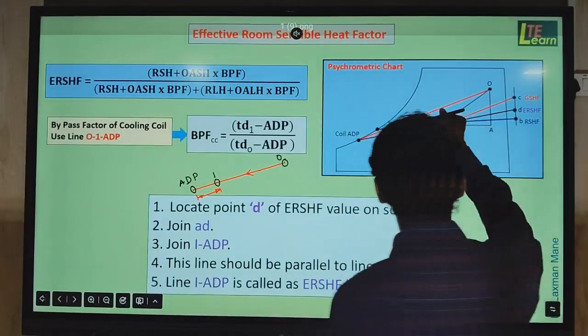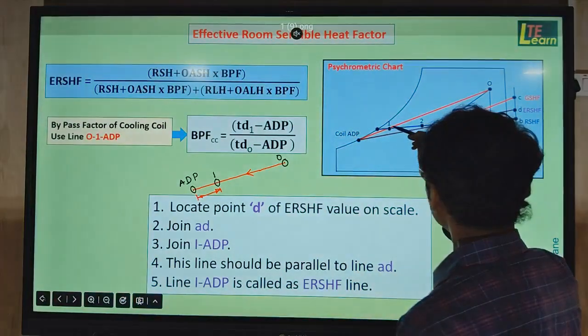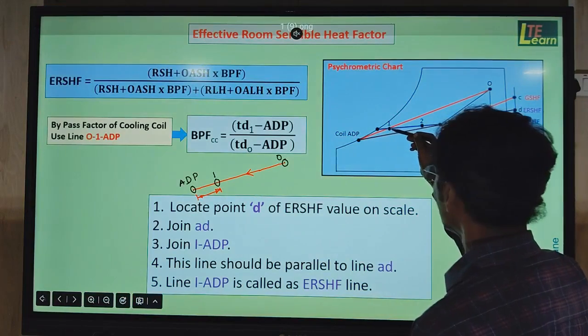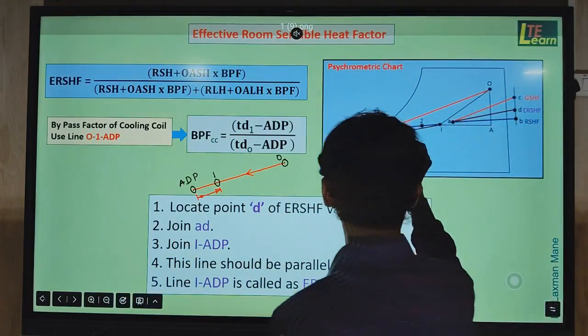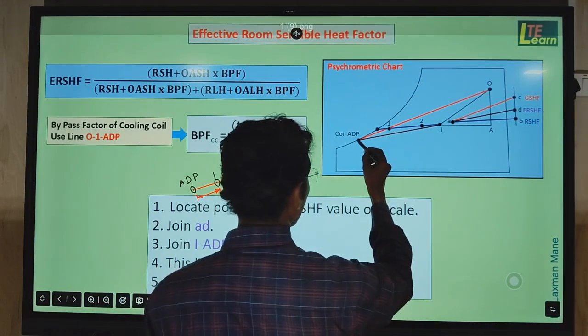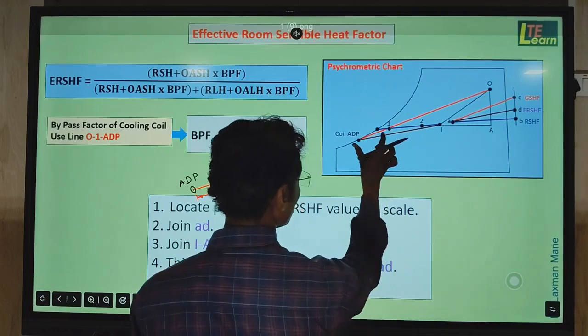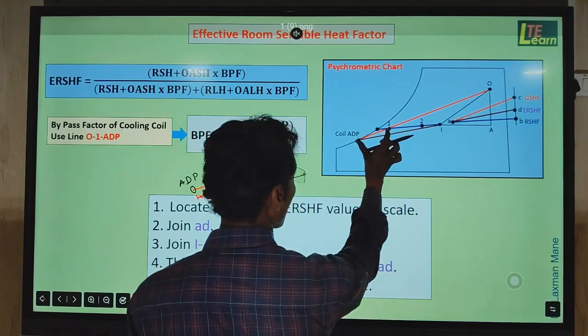Now here we can see this is a process, O to ADP. On this is point number 1, which is the point before the mixing coil. So here this is the coil temperature and this is the obtained temperature. Thus we find the inefficiency of the coil.